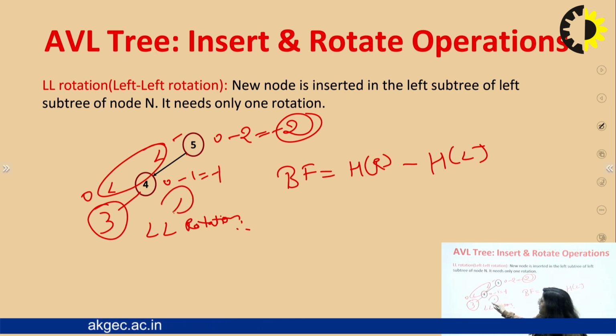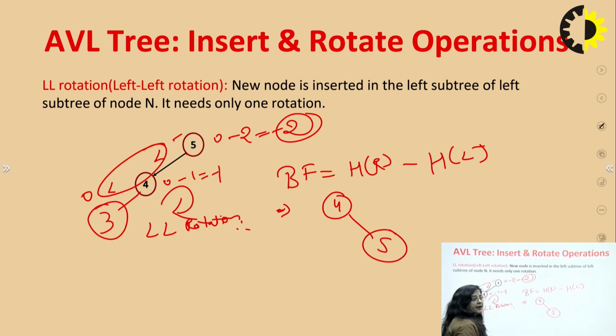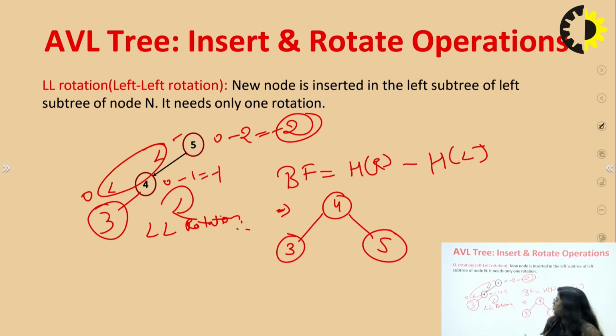It needs only 1 rotation. Let's rotate by clockwise. The output is 4 as root, 5 comes to the right side and 3 comes to the left side. So this is the first rotation, called LL rotation, which needs only 1 rotation.